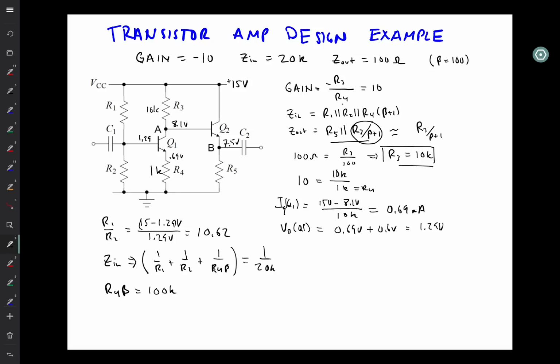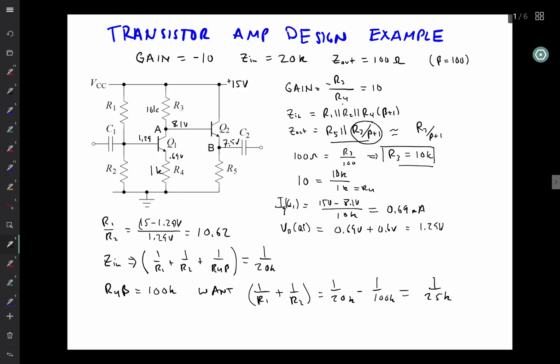So what we can do is say that we want 1 over R1 plus 1 over R2 to be equal to 1 over 20K minus 1 over 100K, which, if you work it out, comes to 1 over 25K. That is, the Thevenin equivalent resistance, if you will, of R1 and R2 should be equal to 25K in order to give us an input impedance of 20K.